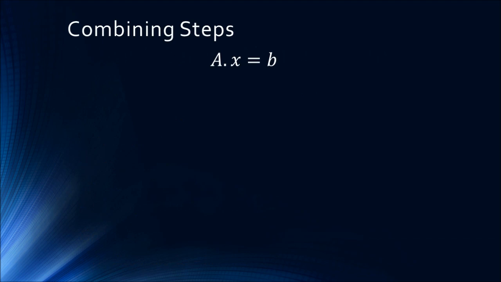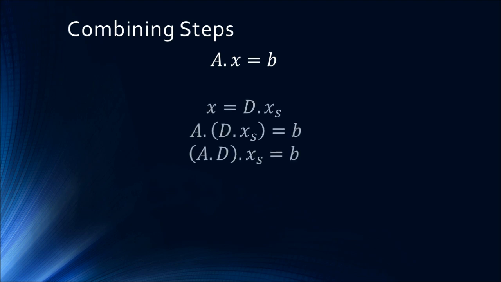Now it turns out you can go a little farther. You can start to combine steps. So we take this AX equals B, which we can only really solve, in an under-constrained system, if we know the X. So if we say the DCT matrix times the sparse version of X, XS, will give us X, now we can substitute that in, and razzle-dazzle, we end up with this matrix, A dot D, which is matrix multiplication of your mixing matrix times your sparsifying matrix times the sparse data, gives you the data that you actually send down to the world.